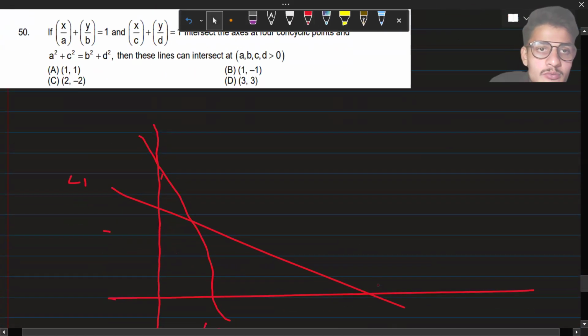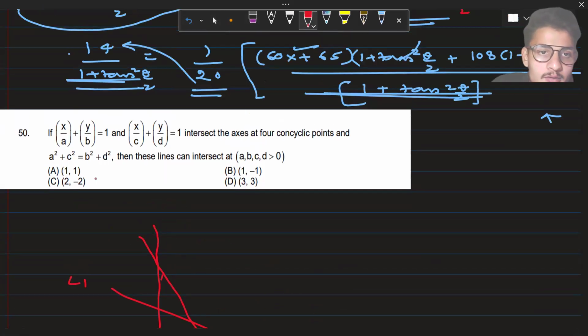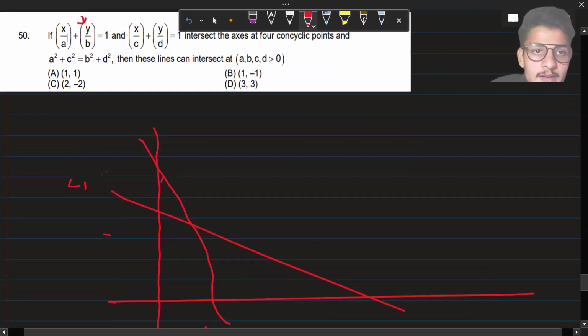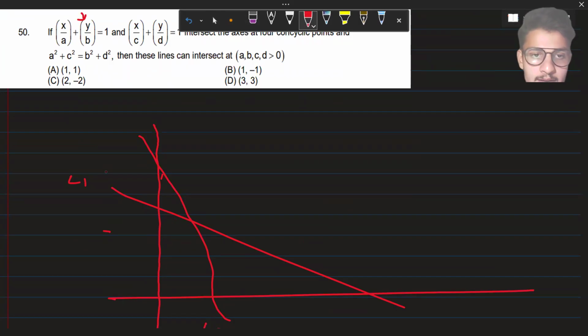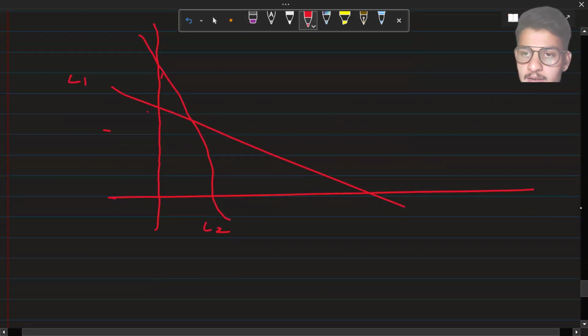You can see that if you put y as 0 in the first line, you will receive A. If this part is 0, then x is equal to a. So this line is intersecting the x-axis. Okay, this is the y-axis. If y is 0, this is the y equal to 0 line, the x-axis.